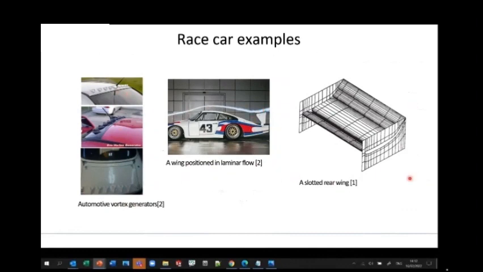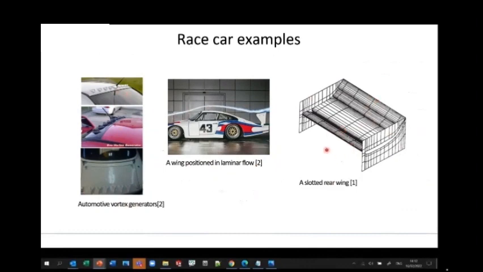The last example here on the right hand side is an example of a slotted wing, or a representation of a slotted wing, similar to the aerospace example that we saw on the previous slide, where we obviously want relatively high curvature to generate a large amount of downforce on our vehicle.